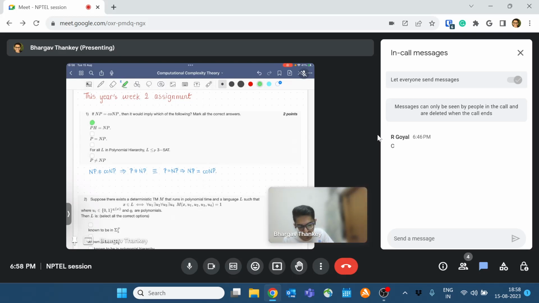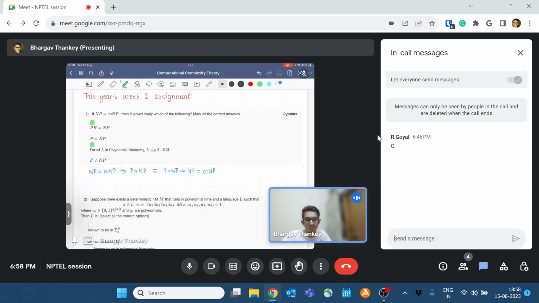Okay, why? This was based on P being equal to NP. But since NP is equal to co-NP and it does not infer anything about the equality of P and NP, then I cannot say.